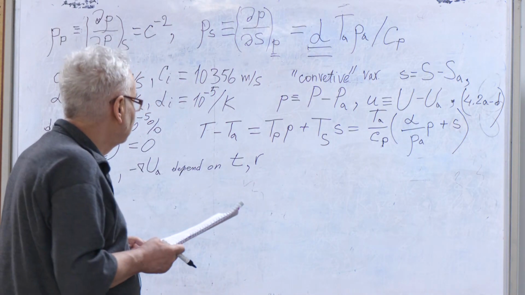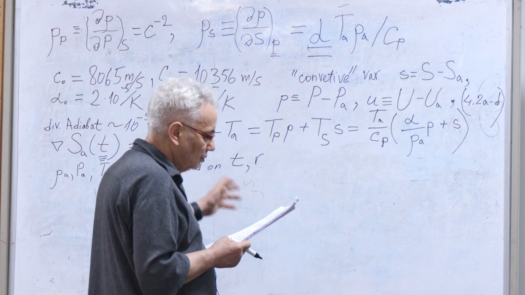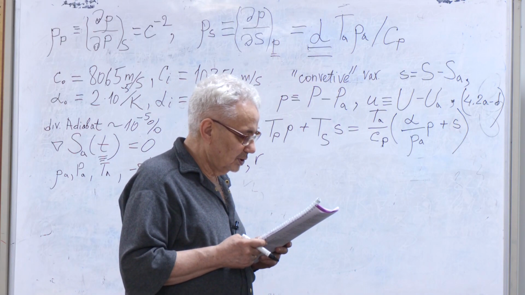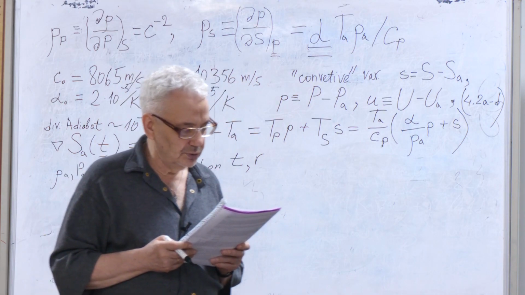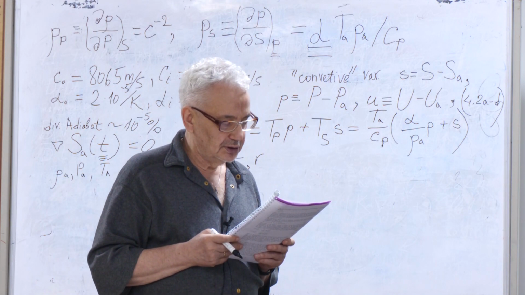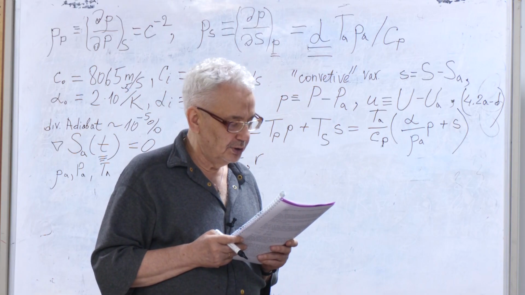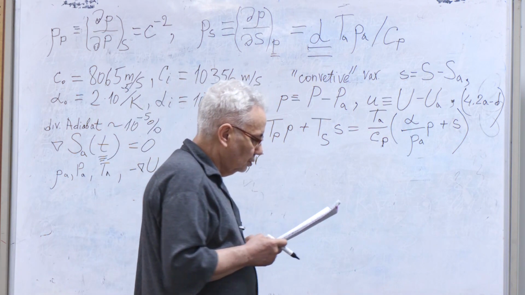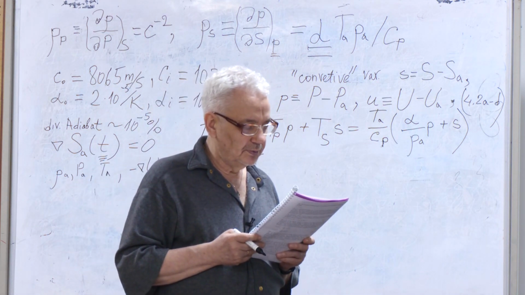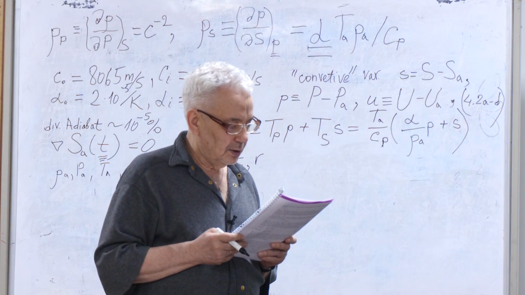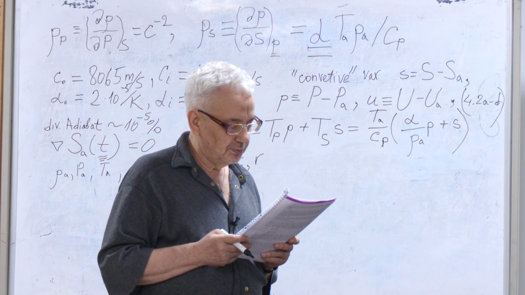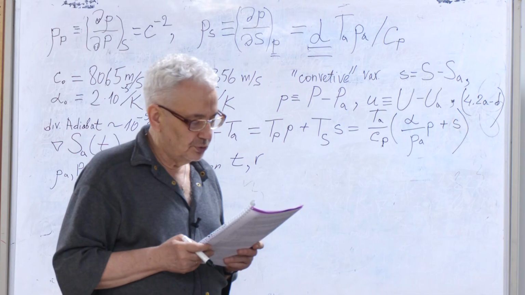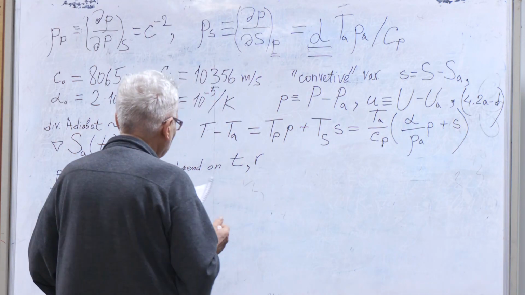So it will constitute very high accuracy of all this adiabatic approximation of the interior. We further assume that all thermodynamic quantities, with the exception of entropy, depend only on the radius r. It's a very good approximation, and the derivative of the adiabatic entropy with respect to time is what affects convection. That's the only thing that affects convection.